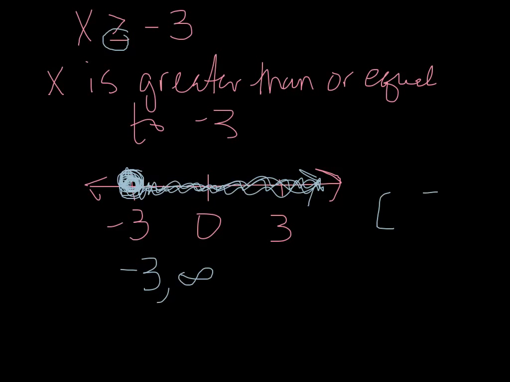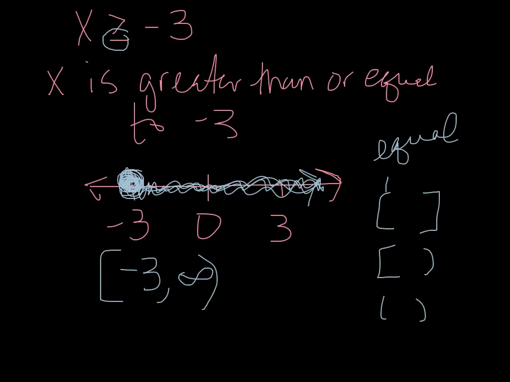We can do brackets, a bracket and a parentheses, or parentheses and a bracket. These are determined by the closed circle. So -3 is included, it's equal to, so we put a bracket. On the infinity, you're never equal to infinity, so it's a parentheses. The bracket is when you have equal. The parentheses is when you do not have an or equal to.